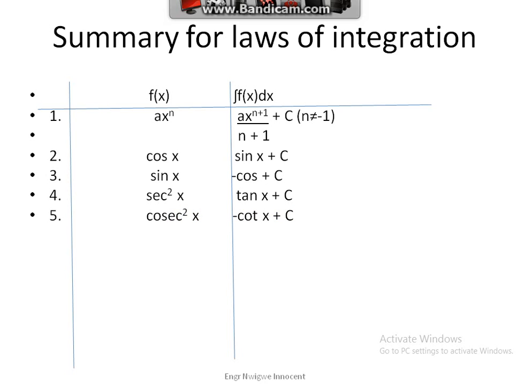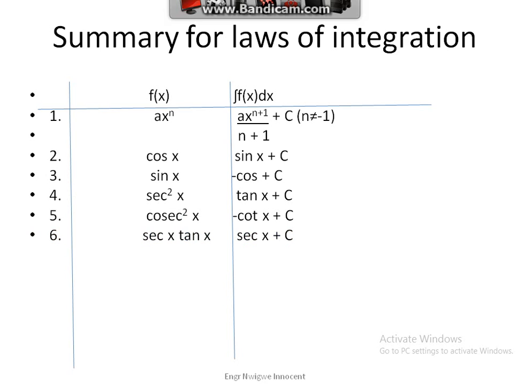Given that the function of x, f(x), is cosec squared x, the integration of the function of x, f(x) dx, will be minus cot x plus c.